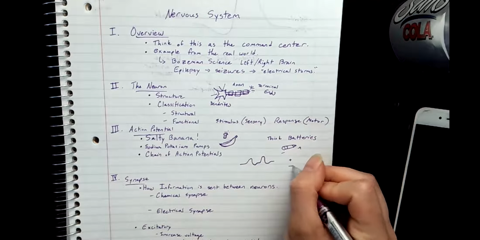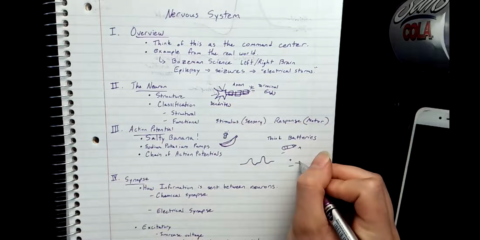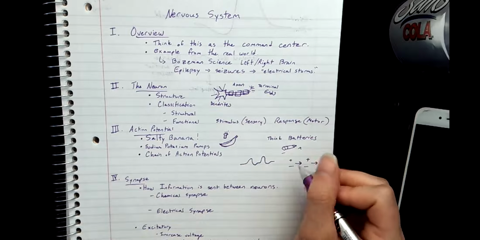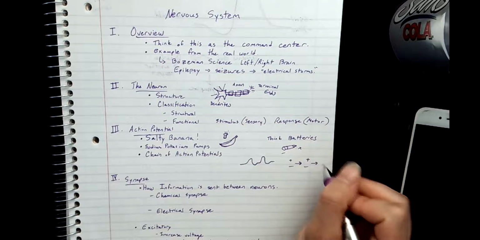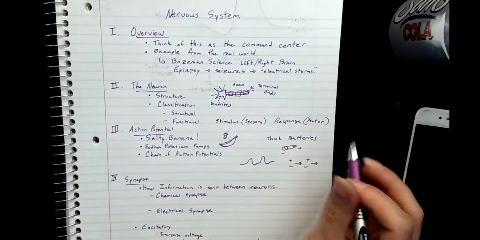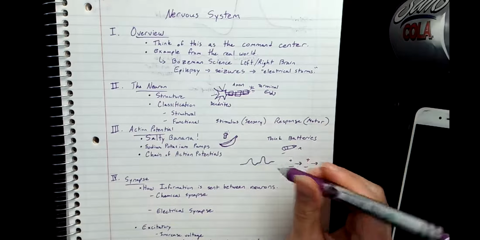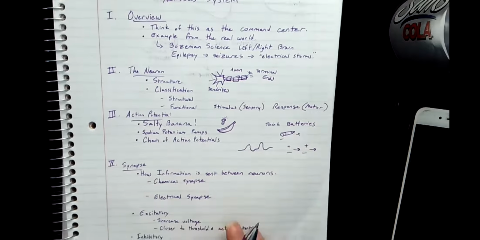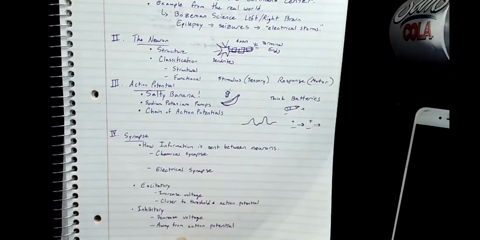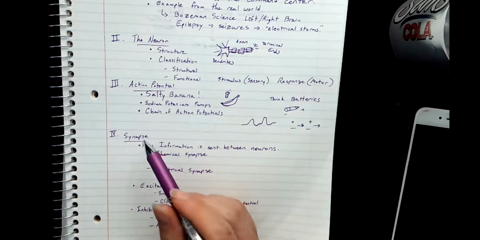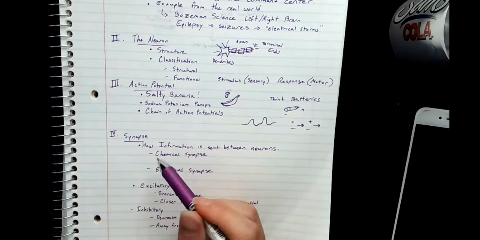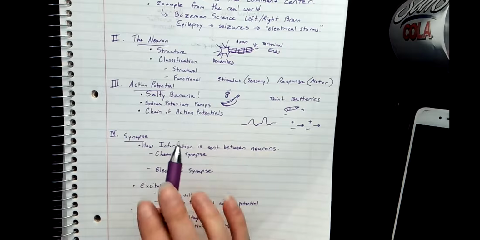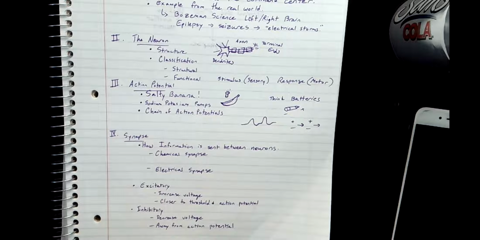And each one induces the next influx of sodium and potassium, okay? And now our last section is about the synapse, the space in between the neurons, how the information is sent between these neuron cells.